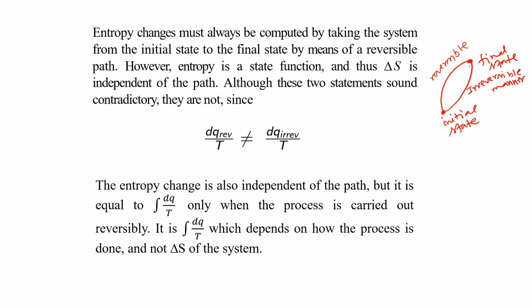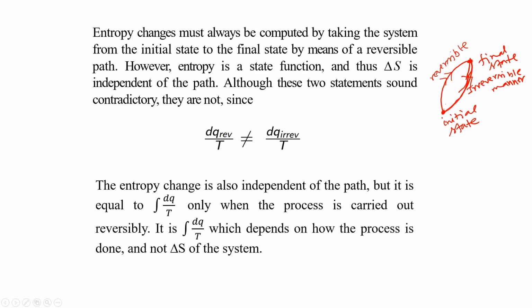Since S is a state function, if this is path 1 and this is path 2, delta S for path 1 is equal to delta S for path 2 also.